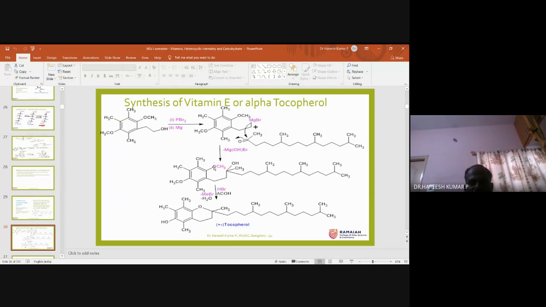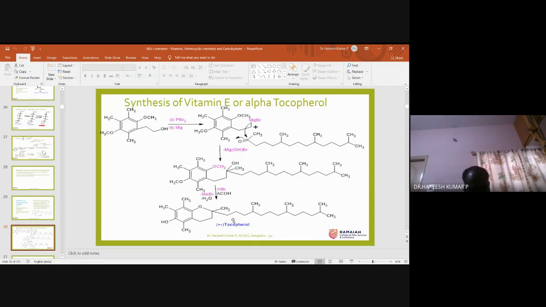Once there is a conversion of ether into alcohol, the lone pair on the oxygen can react with this carbon and this OH will go out. So there will be a liberation of water, forming a benzopyran derivative. This benzopyran derivative is called tocopherol, and the obtained one is plus or minus, meaning a racemic mixture.